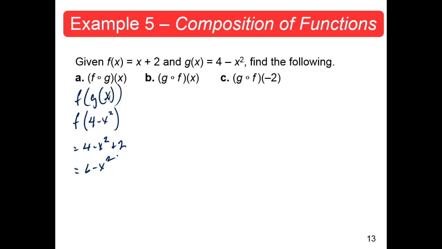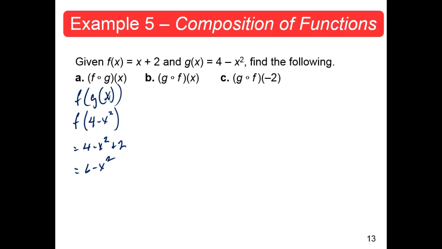Done. Now, we didn't worry about domains, did we? Because the domain of f is all real numbers. The domain of g is all real numbers. The output of g is not all real numbers, it's all numbers 4 and less. But who cares? All those will fit in f because f had the domain of all real numbers, so we're not sweating that at all.